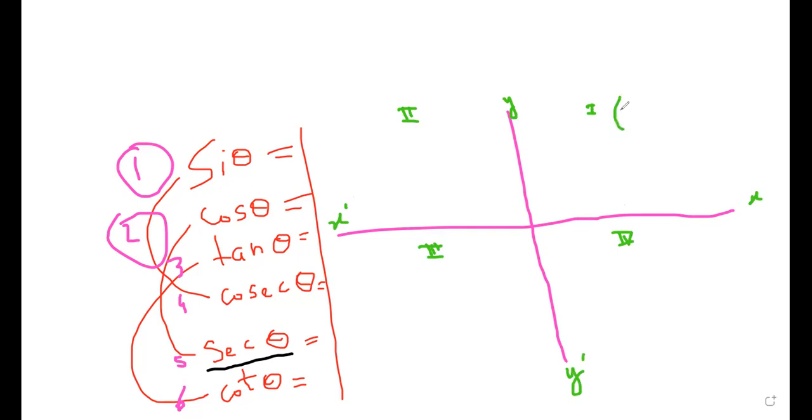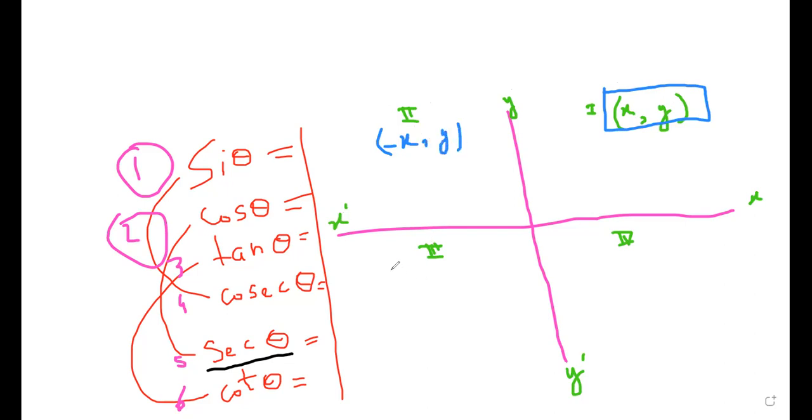So we know about a point. A point has a first value x and a second value y in a two-dimensional coordinate system. Here x is positive and y is also positive, so our point will be x, y. This is our point in the first quadrant. Here x is negative and y is positive, so our point will be minus x and positive y.